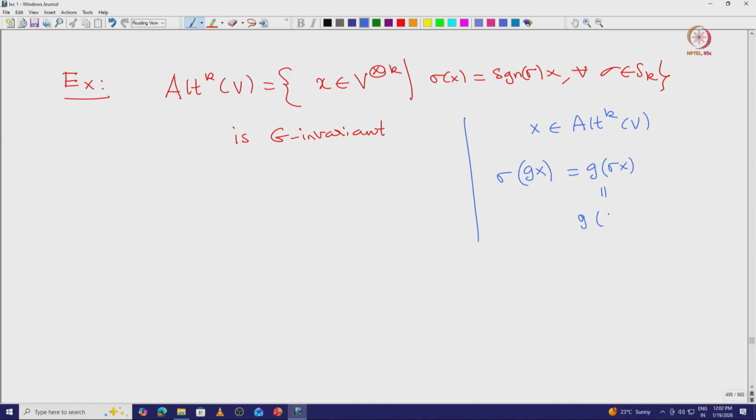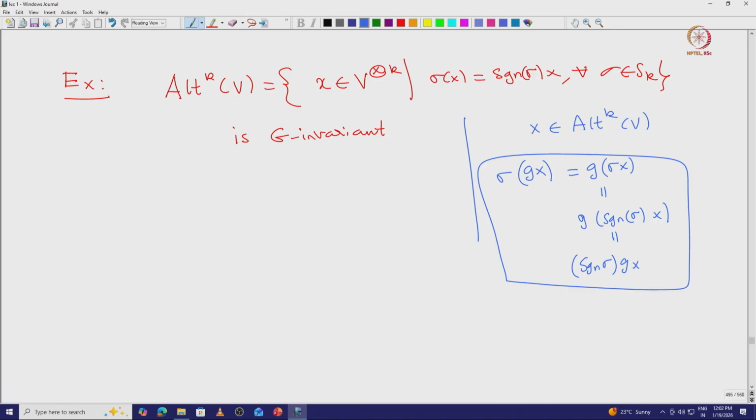So this is g times sign times sigma x, and g is linear, so the sign will come out and then you get gx. This simple verification tells you that Alt^k V is indeed G-invariant.